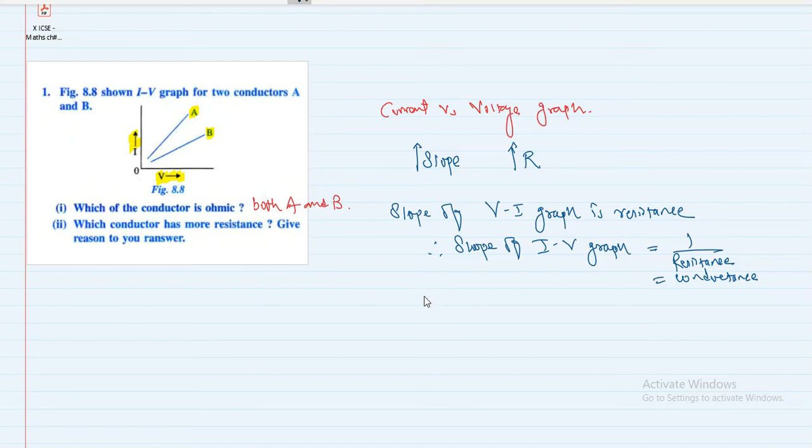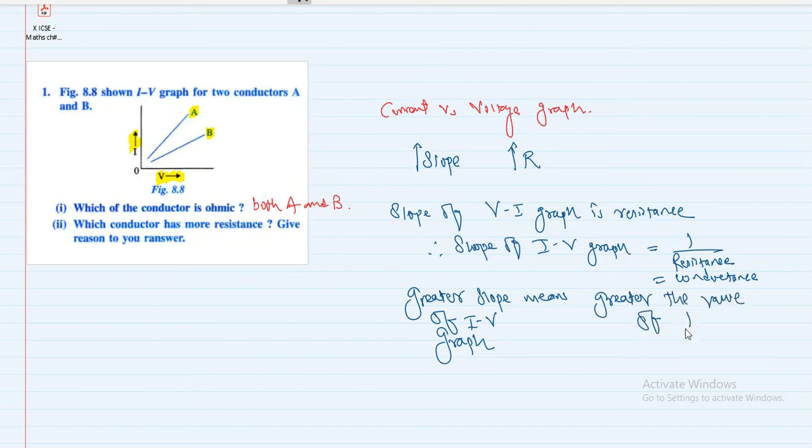Okay, so greater slope of IV graph means greater the value of 1 upon resistance.